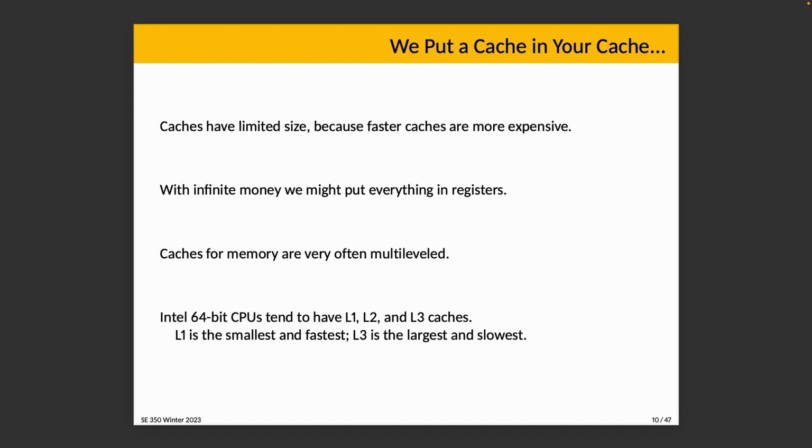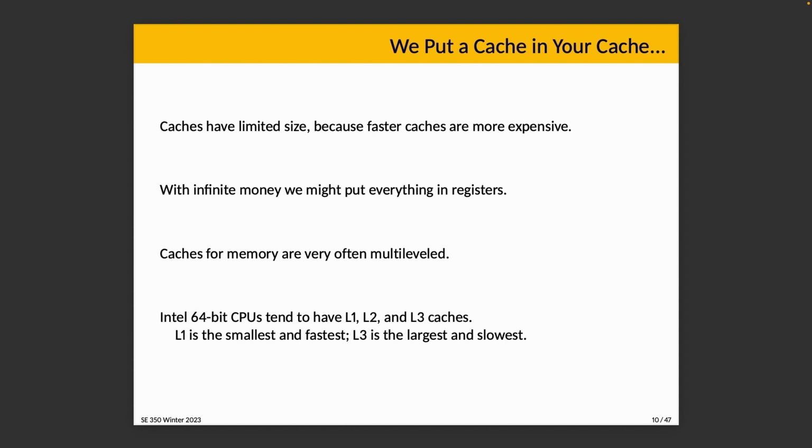Just for an example, a 64-bit Intel CPU tends to have level 1, level 2, and level 3 caches, usually abbreviated L1, L2, L3, and sometimes even L4. L1 is the smallest and the fastest. L3 is the largest and the slowest, and level 2 cache is somewhere in between, as you would expect.